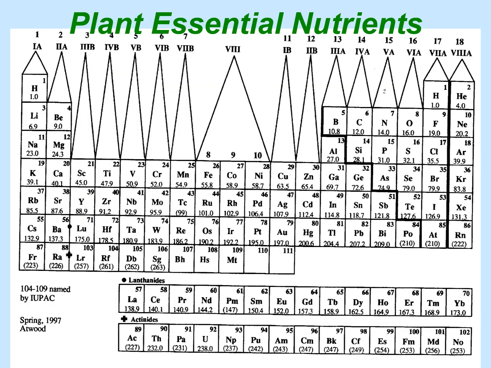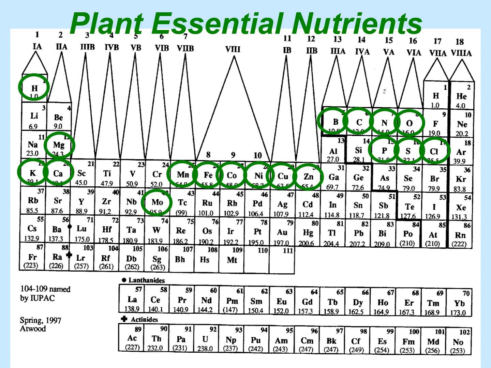So if we look at them spatially on the periodic table, we know that all the plant essential nutrients are circled in green here, but we also know that there's 4, right, that plants get not from weathering reactions, like in the case of that weathering reaction that we looked at before, but either from the atmosphere or from the decomposition of organic matter.